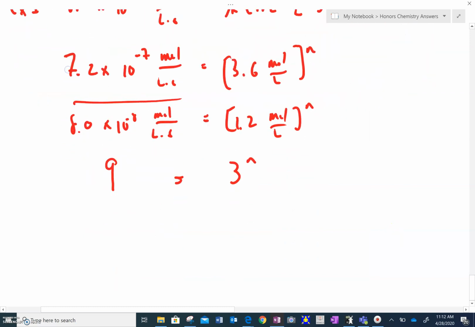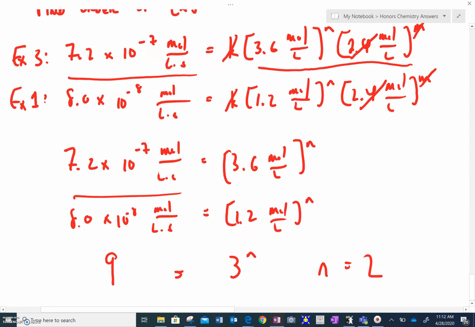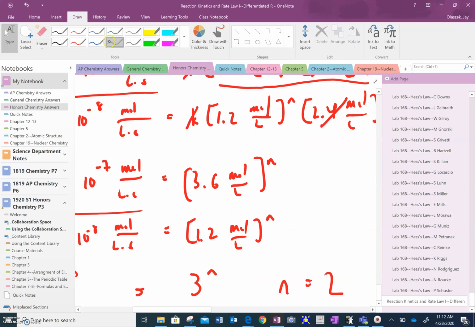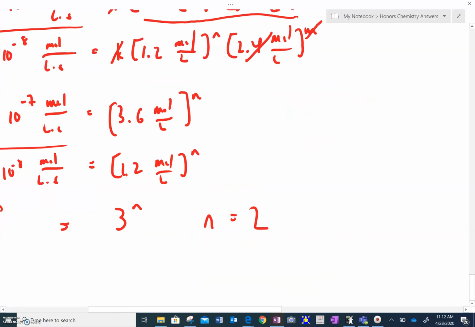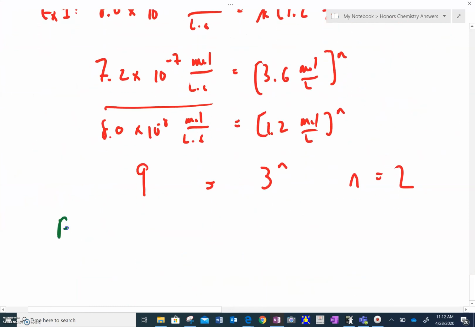So if 9 is equal to 3 to the n, n has to equal 2. All right, so now you know the value of n. Let's do the same thing, and to show you that I'm being extra fancy, we're going to change colors to find the order of B.